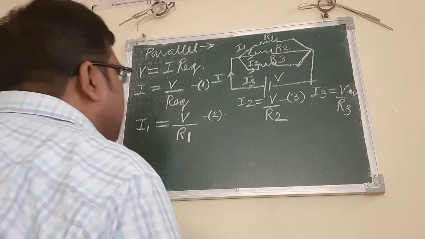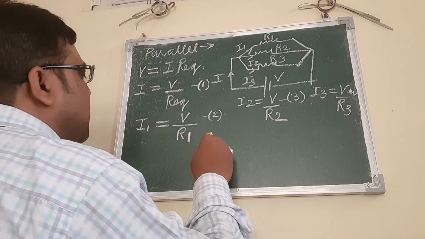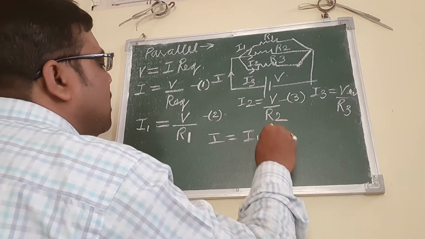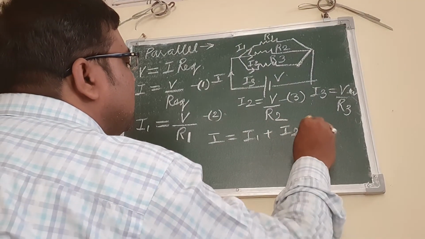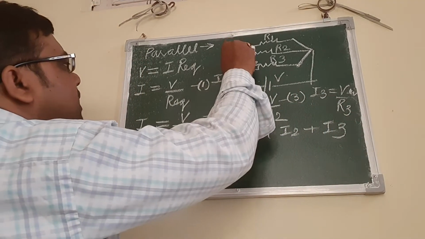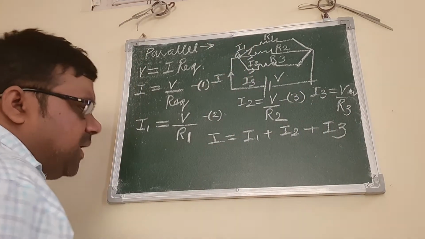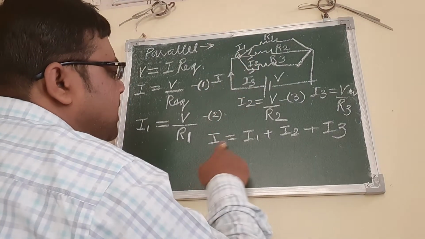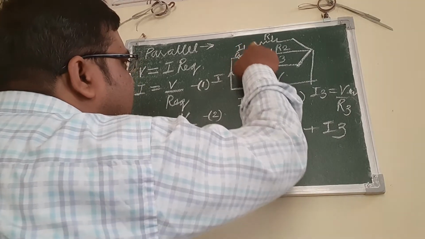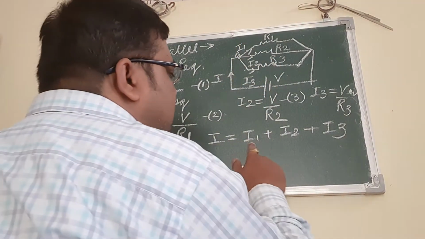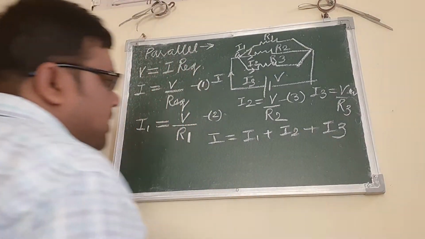So the equation becomes I is equal to I1 plus I2 plus I3. Here at the junction, node A, the current going into the junction is I, which is equal to the current that is being divided among these resistances, that is I1 plus I2 plus I3.